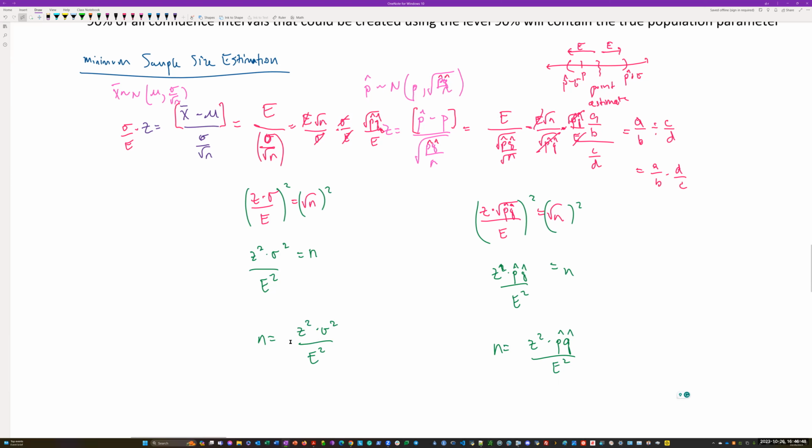Because Z is going to be related to the level of confidence. Is that correct? Right, we talked about that before. Like if you're more confident, then Z is going to be further away, right? Does that make sense? So then this will get even larger if you want to be more confident. Does that make sense?